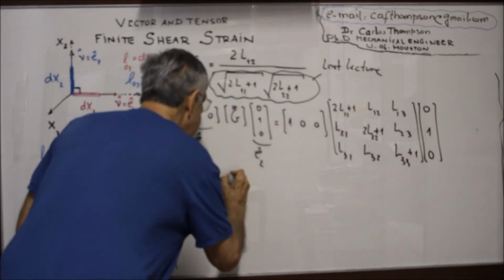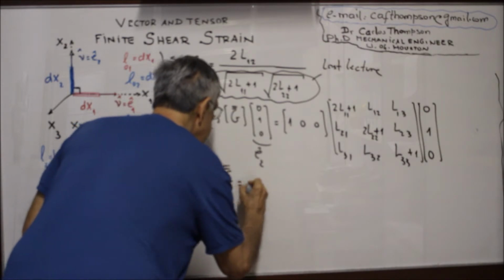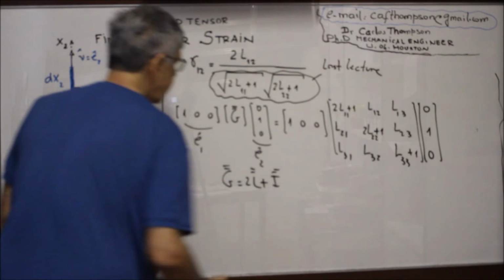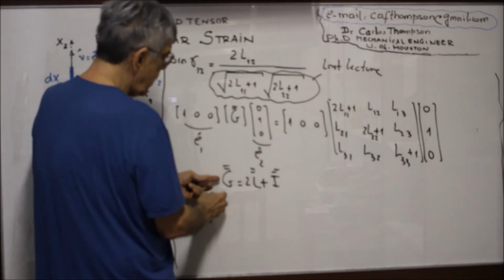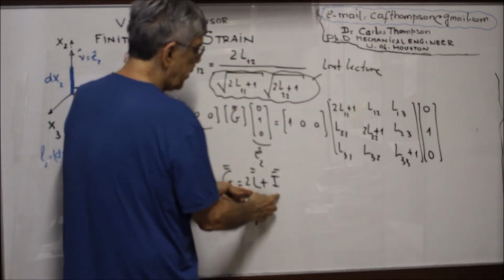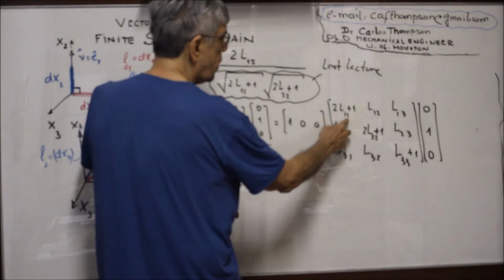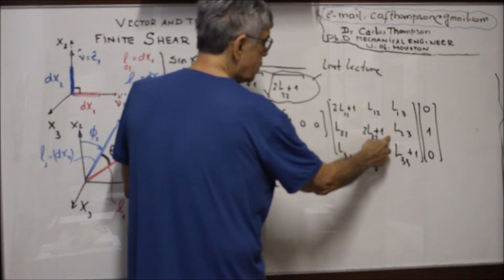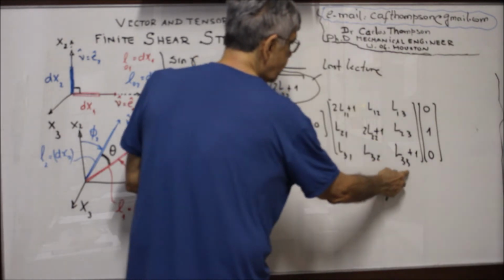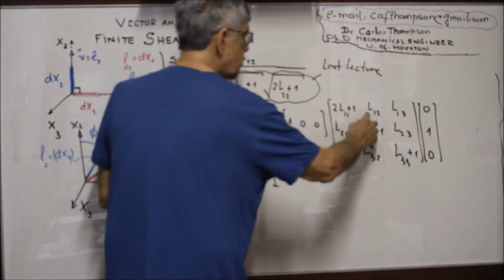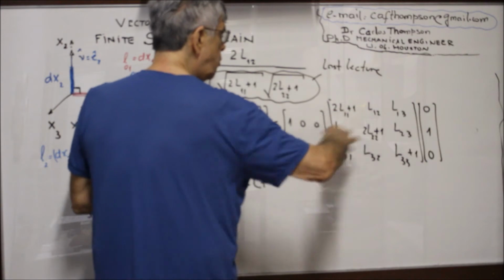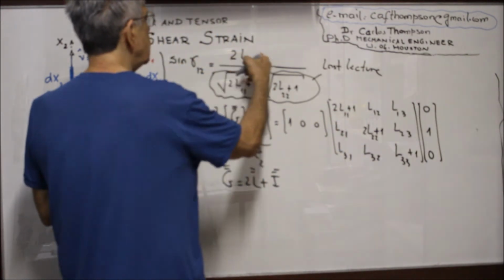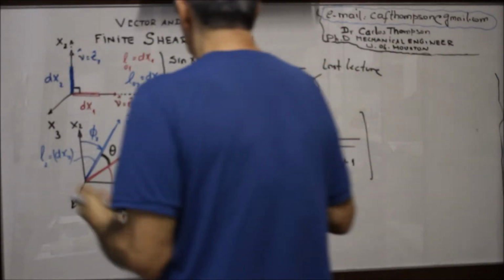Now, don't forget that G is equal to 2L plus I. If you substitute the elements of G, we have 2L11 plus 1 over here, 2L22 plus 1 over there, and 2L33 plus 1. And this is L12. If you multiply this, I'm sure you'll get 2L12.